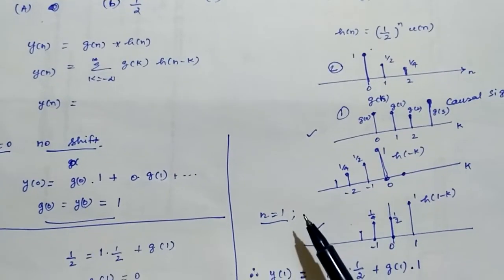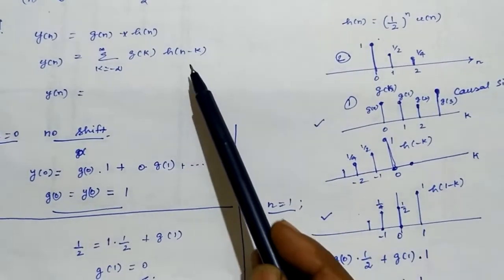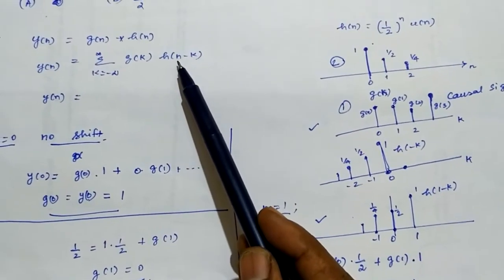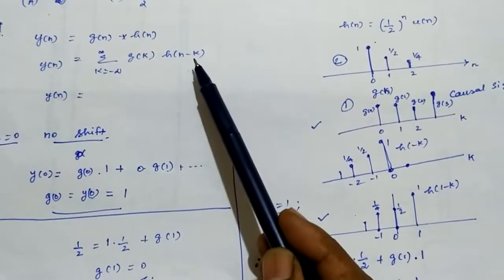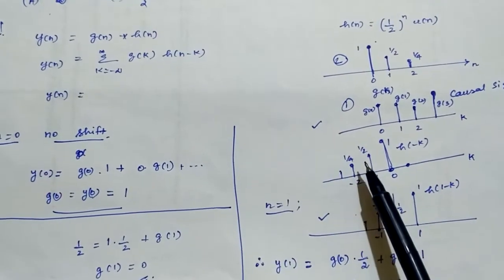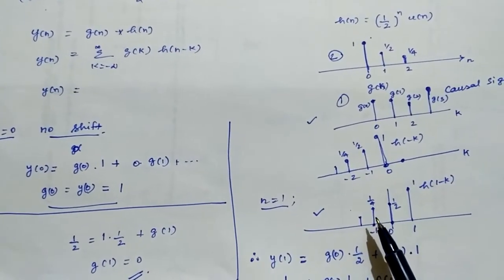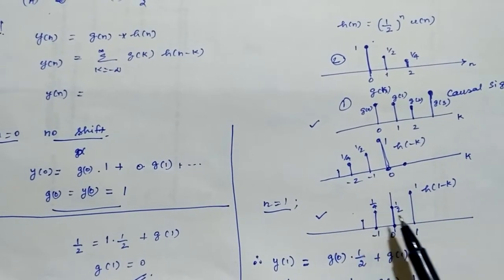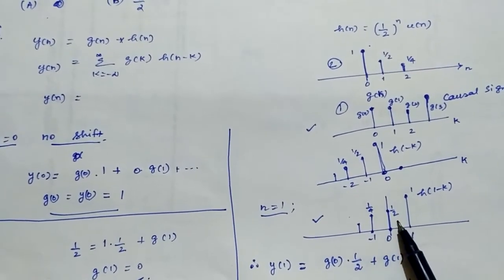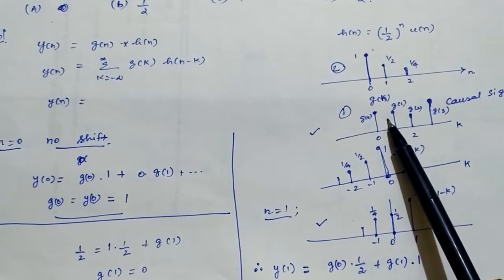Again, when n is equal to 0 there is no shift; when n is equal to 1, the signal is shifted by an amount 1. Now this shifted signal is multiplied with the first signal.